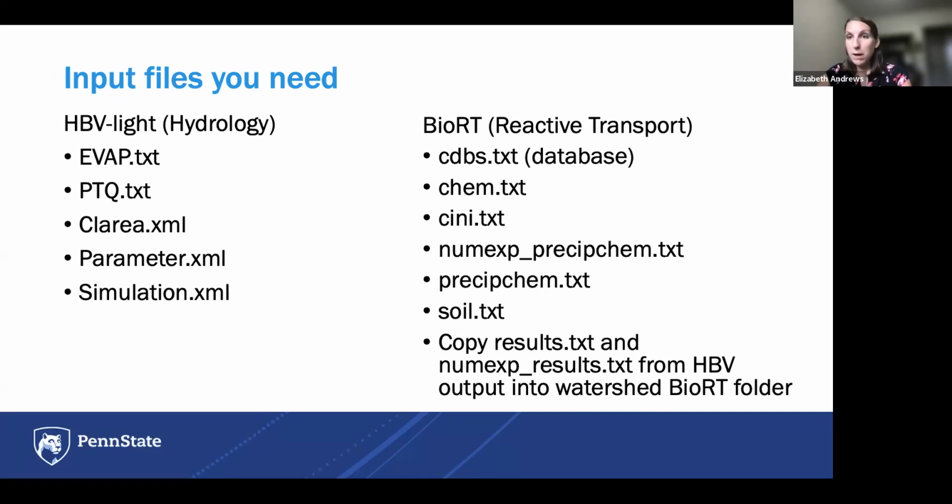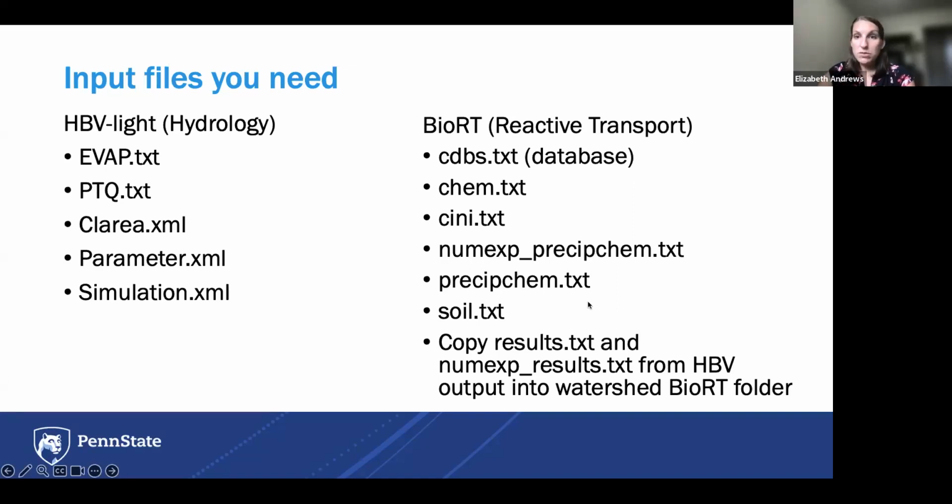To run BioRT, you will also need to have the results output from the HBV model, and it will need to be in the same folder as all of these other inputs for BioRT, so that it knows what the hydrology is doing and can do the chemistry properly.